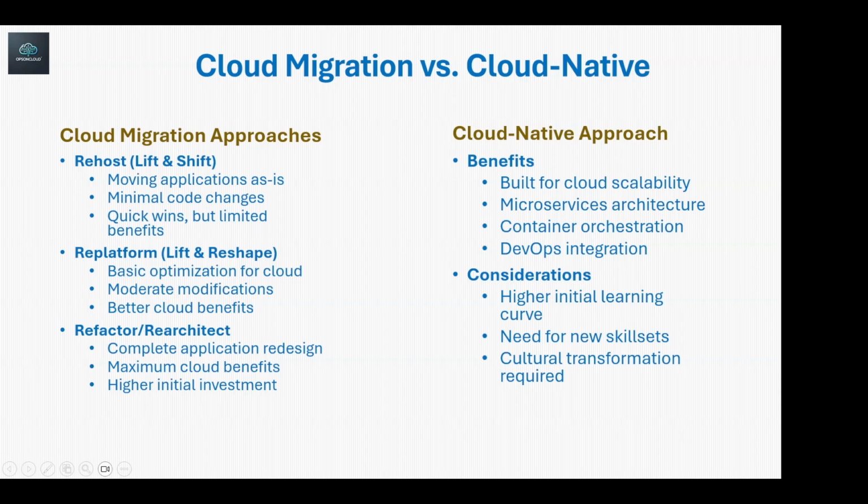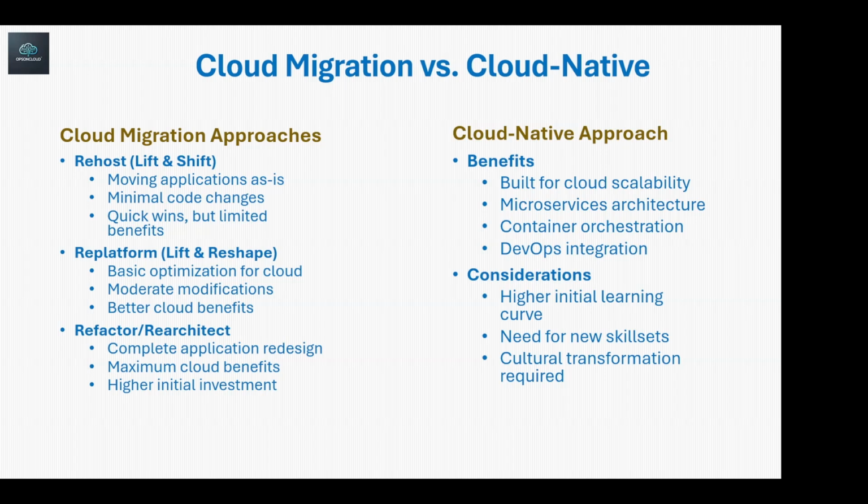But what is a cloud native approach? Here, you re-architect or build applications specifically to harness cloud features like microservices, containers, and serverless technologies. How is an application categorized as microservices? We have something called the 12 factor app, which defines the 12 factors that determine your application as a microservice.